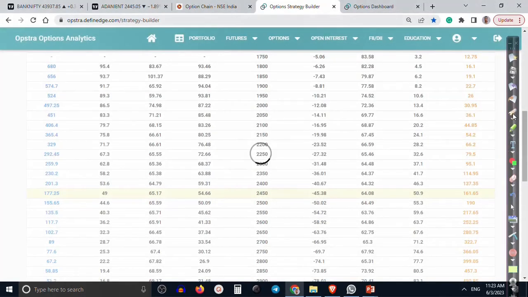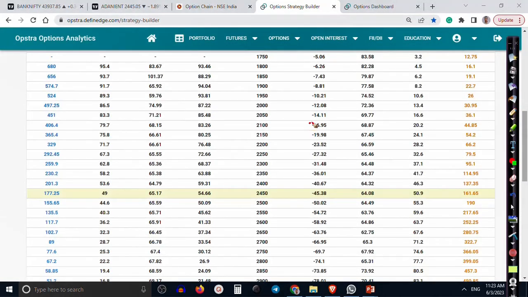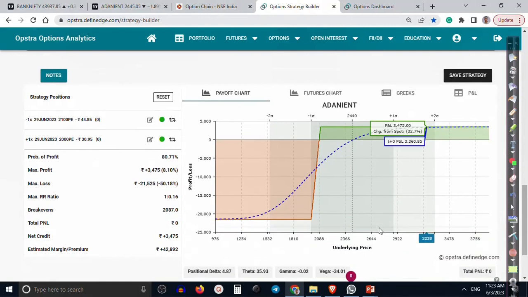Let me explain: the strike we sold, we collect premium, and the one we bought protects our position. Once we place the order, it will look like this.